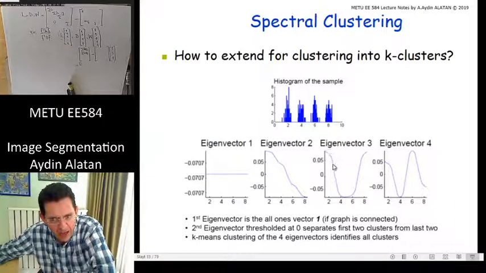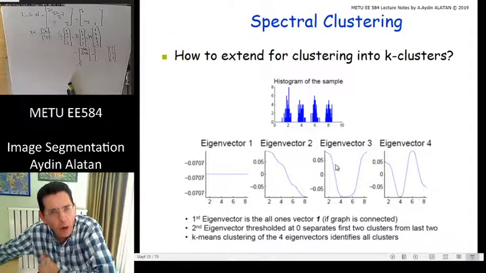If you look at this eigenvector, we will see that some of them are positive here, some of them are negative here, some of them also negative here, some of them are positive here. In other words, these guys were dividing 1, 2 clusters from 3, 4 clusters.